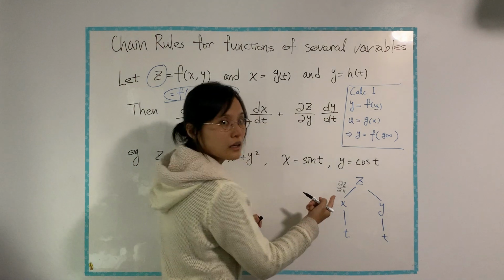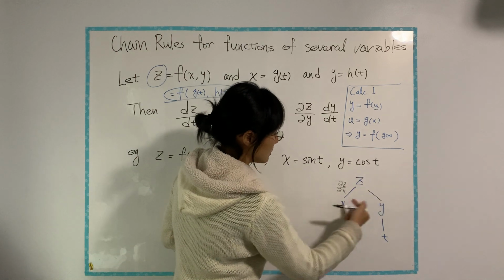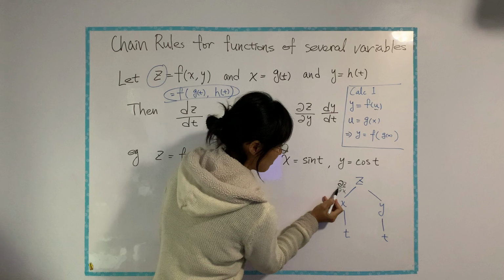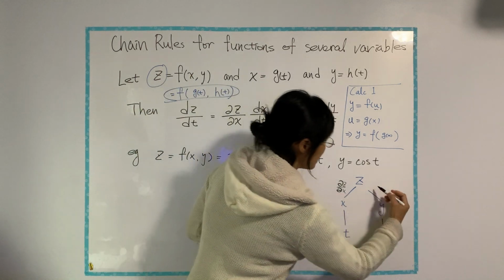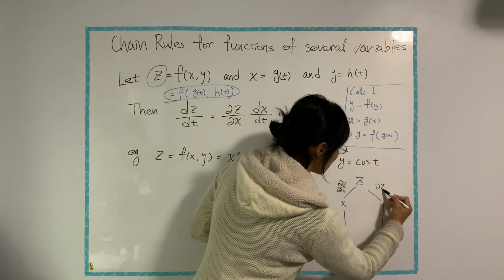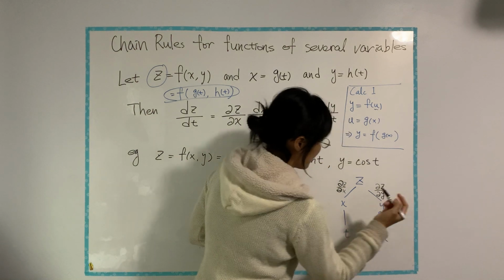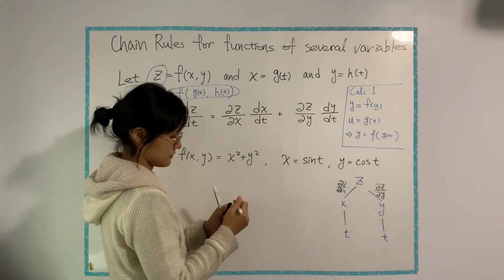Okay? And because you see, under z you have two variables, so you are supposed to use this notation for partial derivatives. Okay? And same here, you have dz/dy. And we're using this notation because it's a partial derivative.